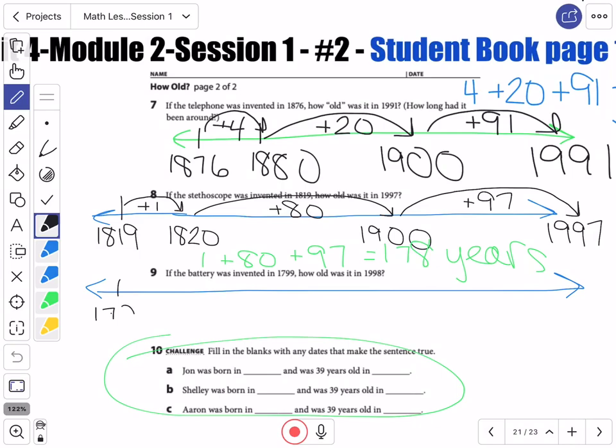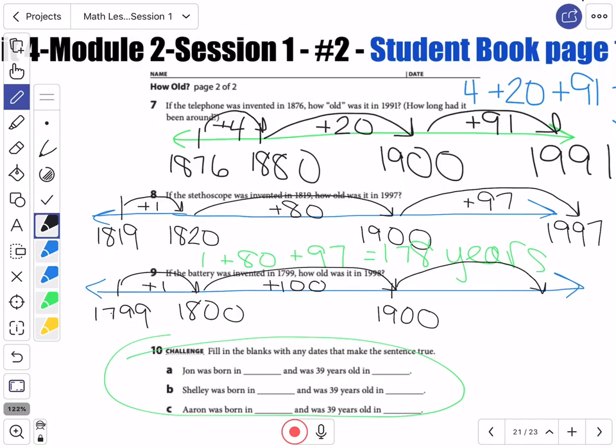Well, 1799 to 1800. That is 1 year. Okay, now I'm going to get to 1900. How many years is that? That is 100 years. Wow. But I don't need to get to 1900.